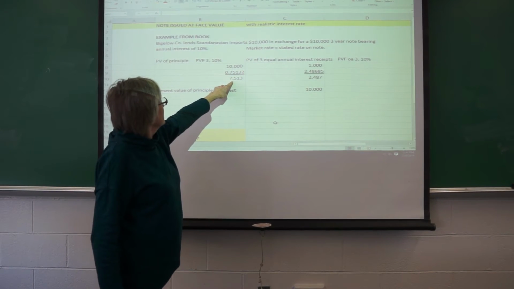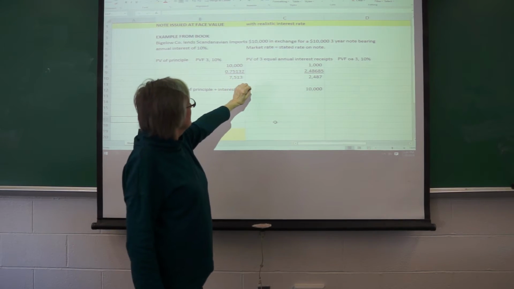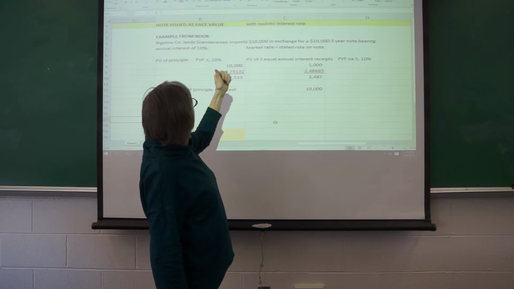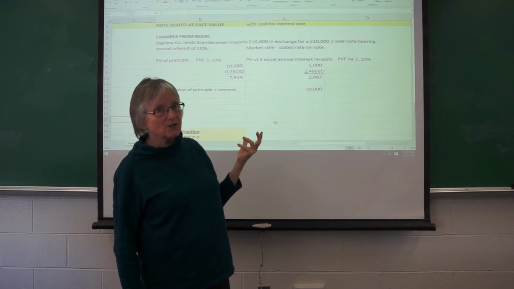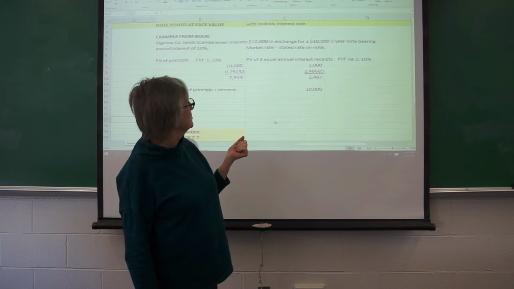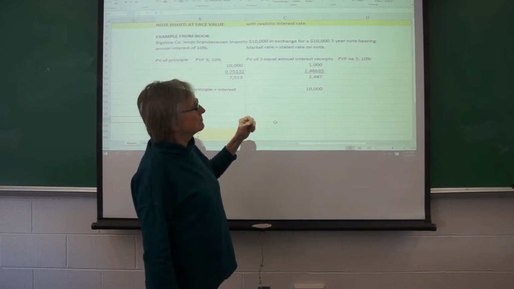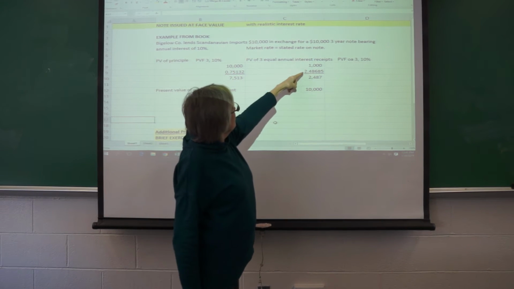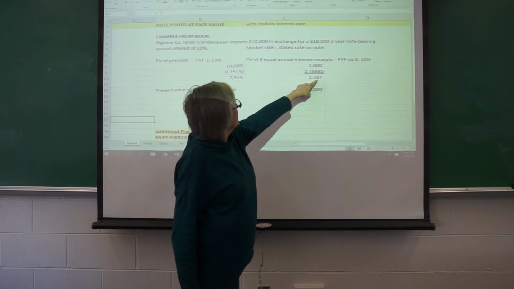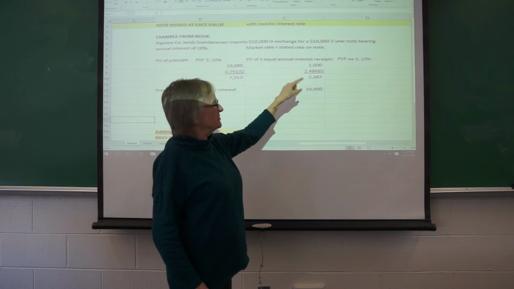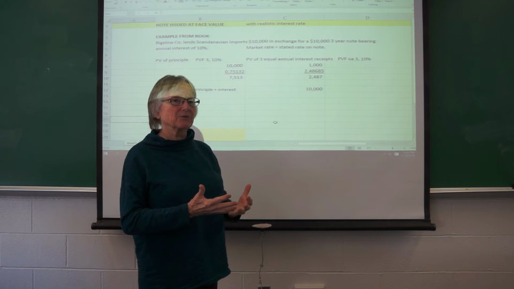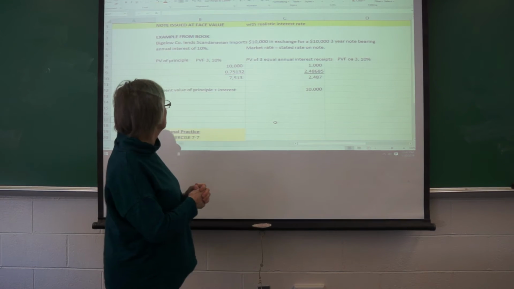So the principal comes out to 7,513. The annual interest payments we figure by going 10,000 times 10%, which is the annual interest of 1,000 that is involved with this note. So the present value of those would be 2,487. And when you add this plus that, you get the present value of the note, which is what will happen when the market rate equals the stated rate of interest.